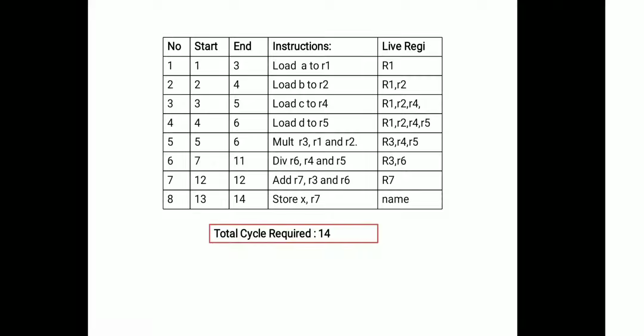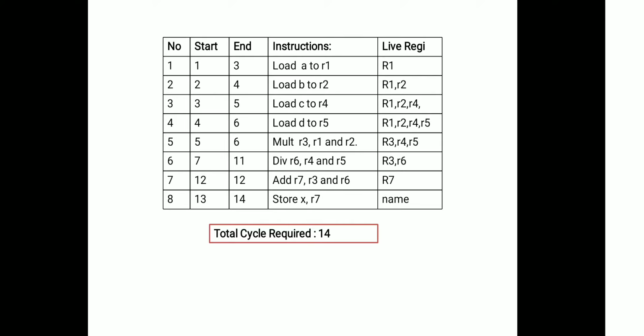So for the live registers when we perform it: in the first instruction R1 is live. Up to the second instruction both R1 and R2 are live. At the third instruction there are 3 live, at the fourth instruction there are 4 live. So the maximum register pressure when we change the instruction order is 4.